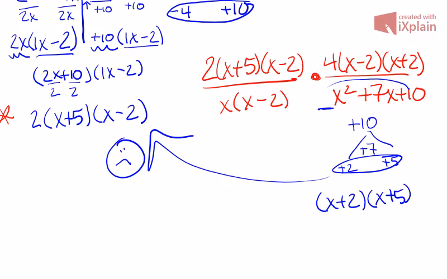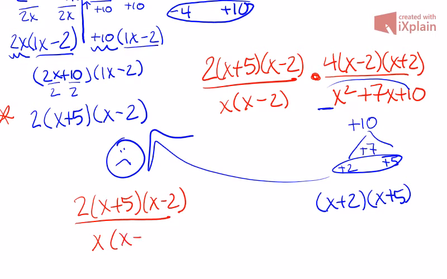So once we've simplified, here's where we're at. 2 times x plus 5 times x minus 2, x times x minus 2 times 4 times x minus 2 times x plus 2, x plus 2, x plus 5. Basically, just be really patient through this.